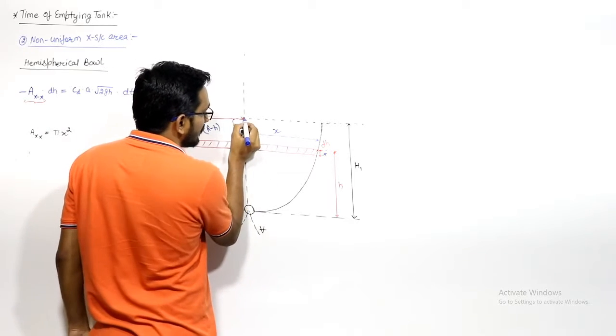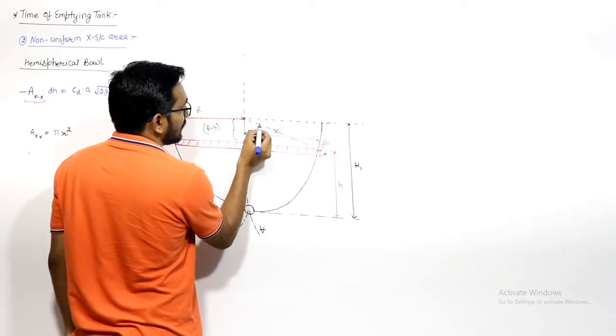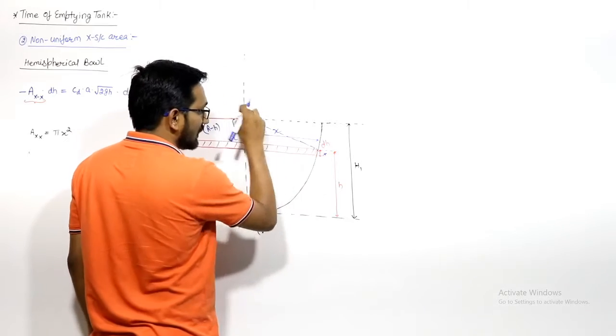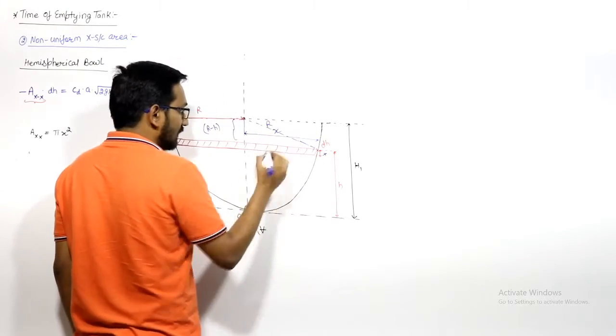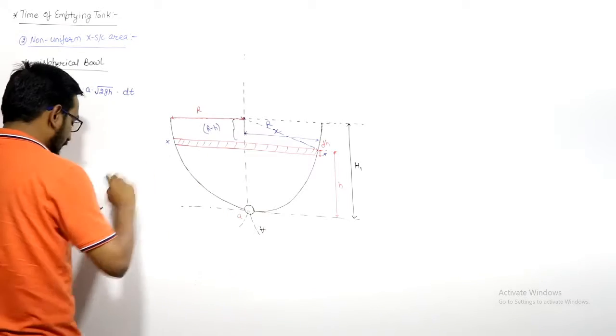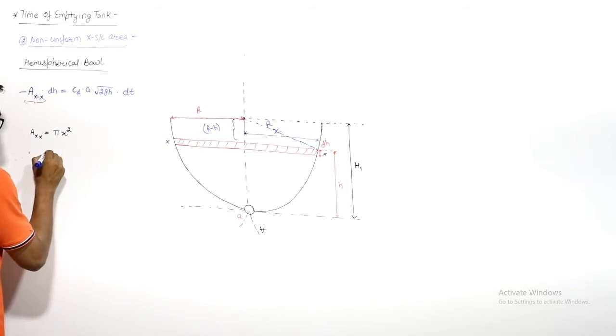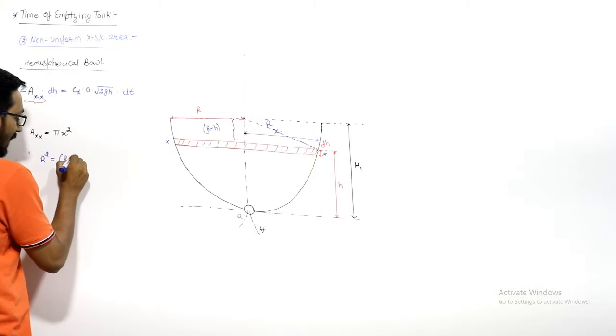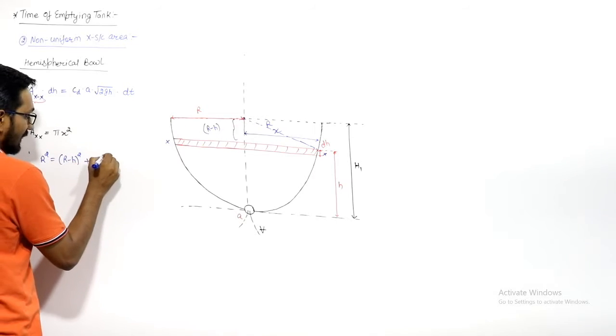If I join this point to the center, this distance is capital R, the radius obviously. Applying the Pythagoras theorem in this right angle triangle, hypotenuse square, that is capital R square, will be equal to (R minus h) square plus x square.